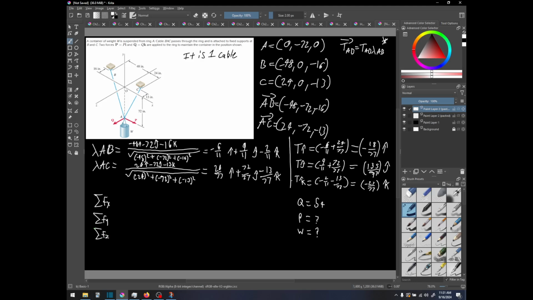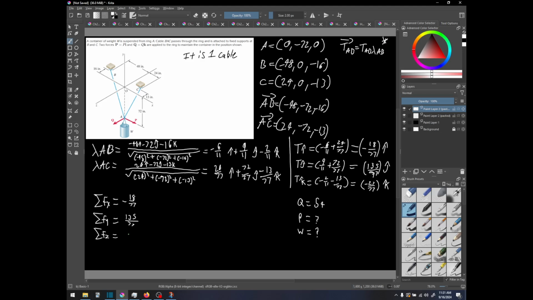So here, let's just see this. In our x direction, we've got negative 18 over 77. Y we have 135 over 77.